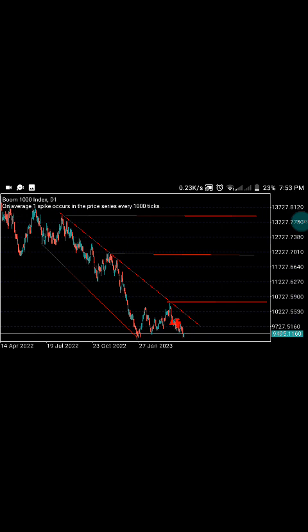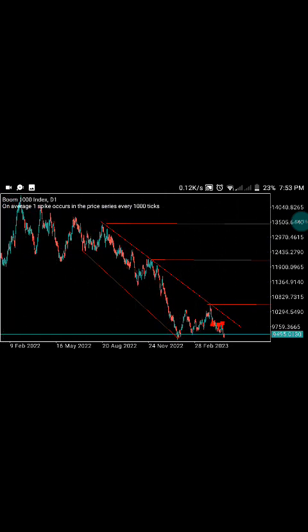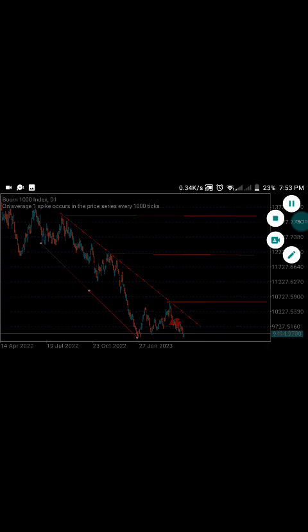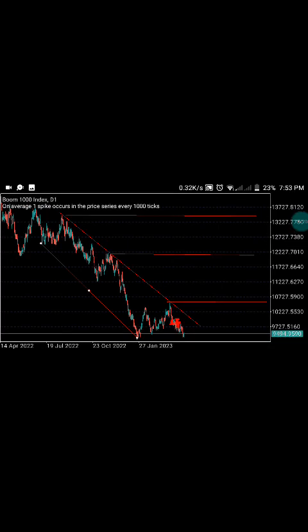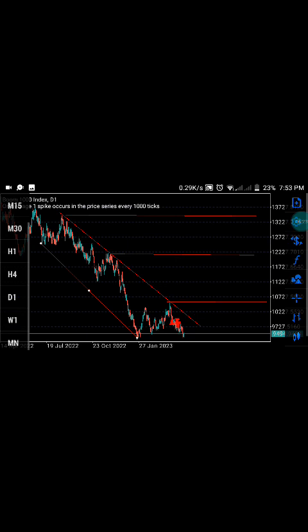So guys, this area is also another area which we need to mark, but we have already marked it on our 1 day. It is a strong support area that we need to mark. So we have to identify those areas too.